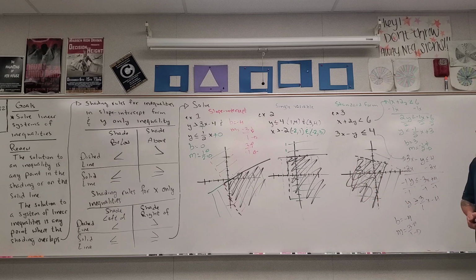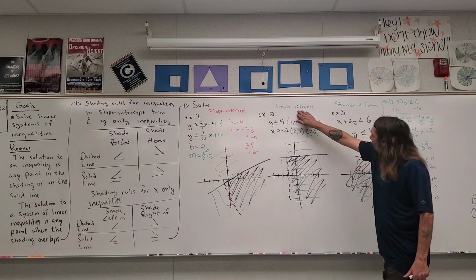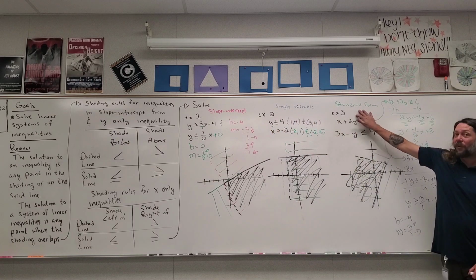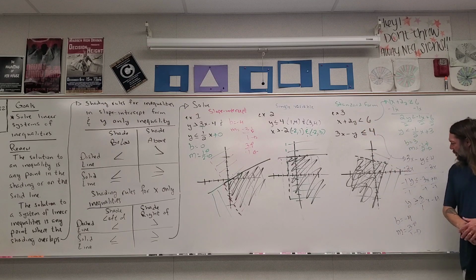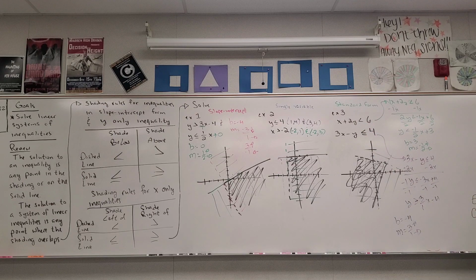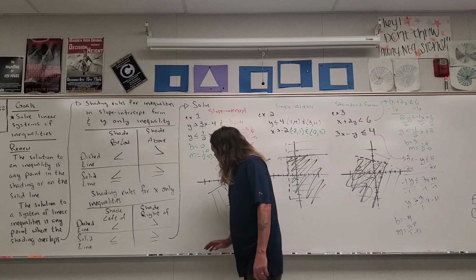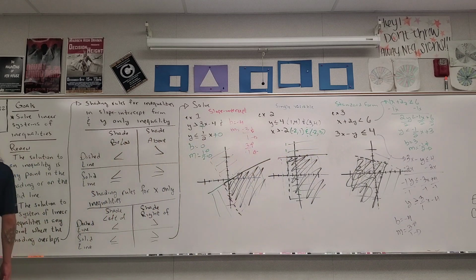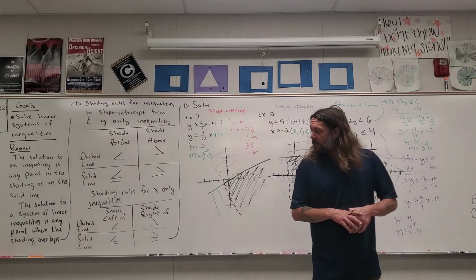So again, we saw systems in slope-intercept form, single variable, and standard form, which is what you guys are struggling with, and hopefully seeing it again and again helps you. I hope that we can see this clearly. I do apologize if it's a little faint. And remember, the point of this lesson was to find where the shading overlaps. That's really the answer, because that's going to be a solution to both.